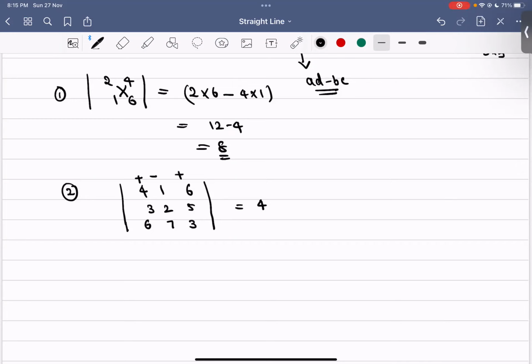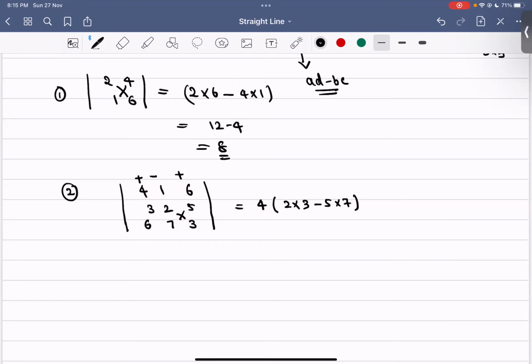So leave the column which contains 4 and the row which contains 4. Then you take this determinant, that is 2 into 3 minus 5 into 7. So that is the first step: 4 into (2 into 3 minus 5 into 7).